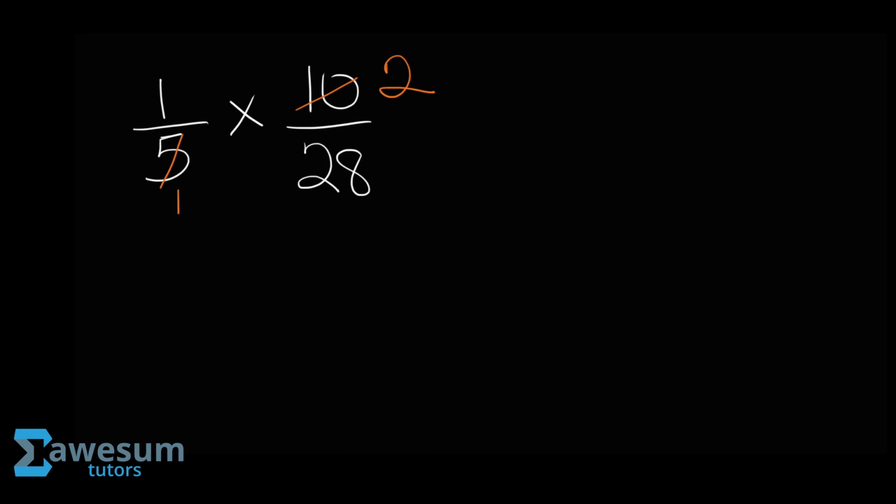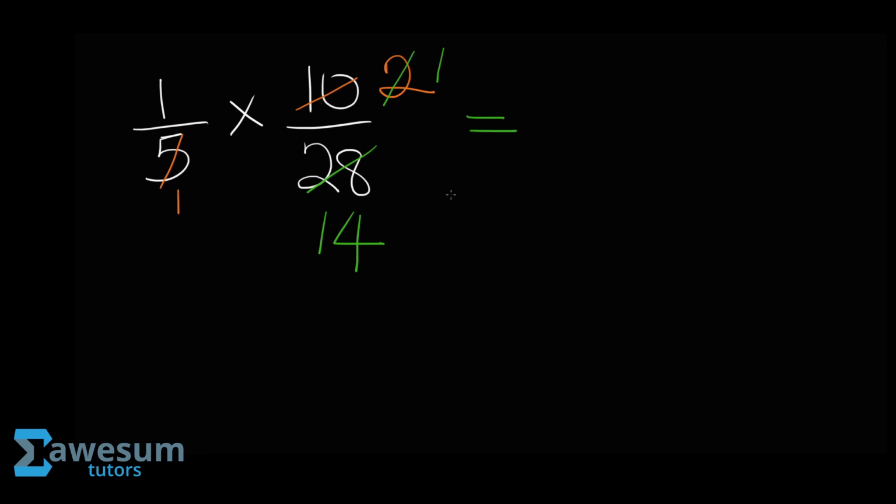All right. If you also take note, 2 is at the numerator right now. 28 is at the denominator. They have a common factor of 2. So that means I have 2 here, 1, 2 in 28, that is 14.